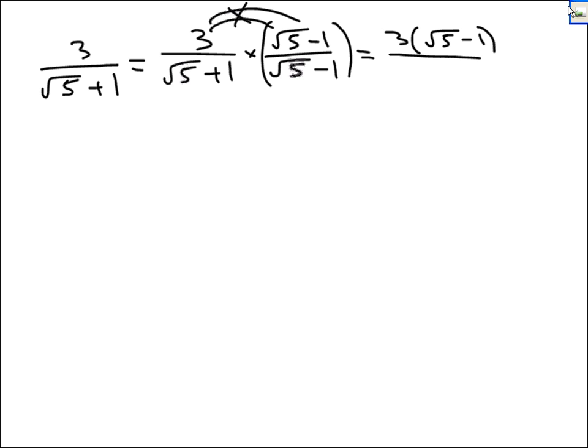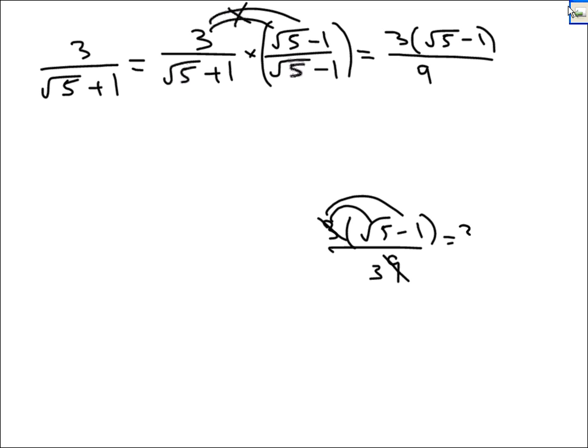The reason is, if the bottom happened to be 9, for example, in this form, you can see the cancellation going on. But if you had distributed, if you had 3 square root of 5 minus 3 over 9, now you don't see the 9 canceling.